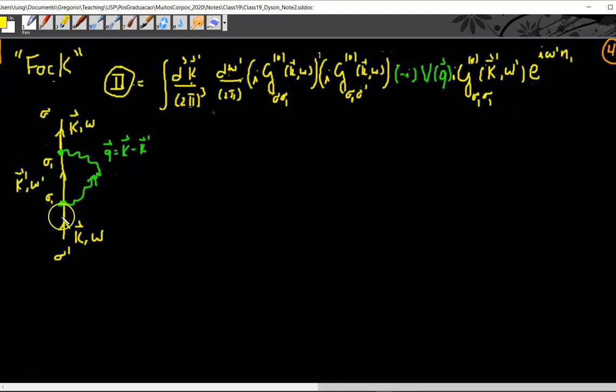Sigma prime comes in here, sigma 1 goes out, sigma 1 goes back in, and sigma goes out. So I have to sum over sigma 1 here. It's going to be a delta function anyway, this will have to be equal to that, and so on, but you have to sum over sigma 1.